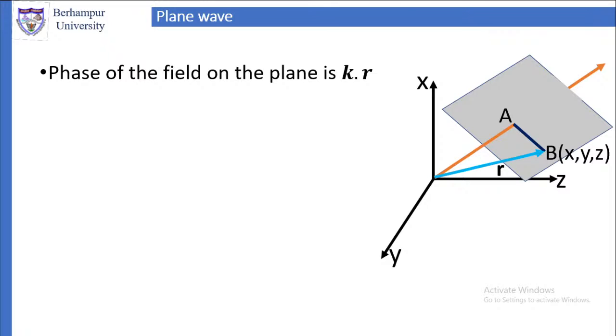So this distance OA will be the projection of the vector r onto the direction of the wave propagation. The wave is propagating along the orange line. k is called the wave vector. We have seen this. Now, this will give us the field.